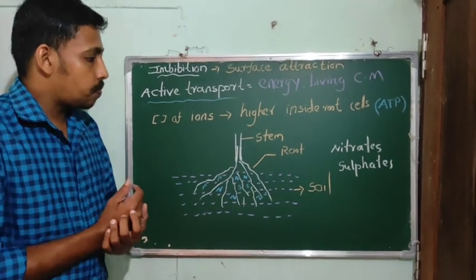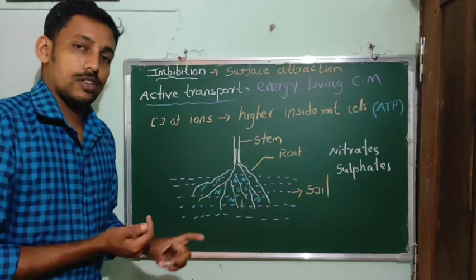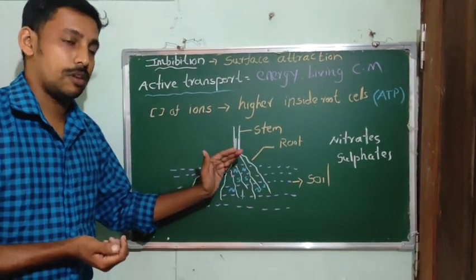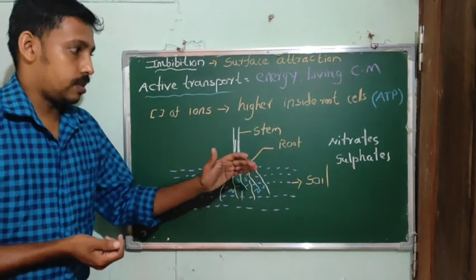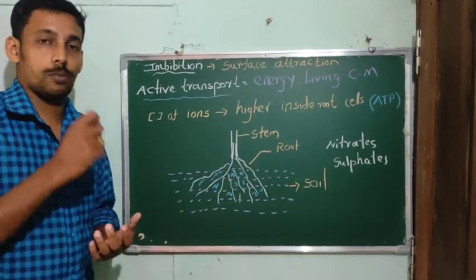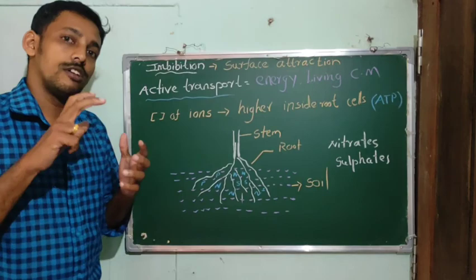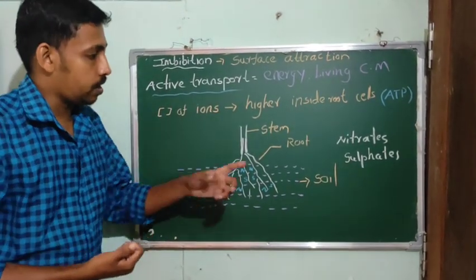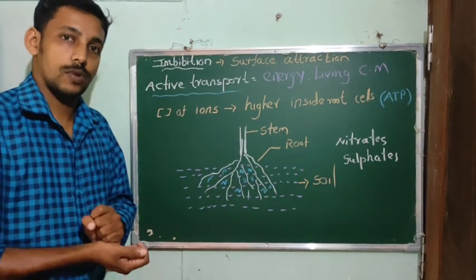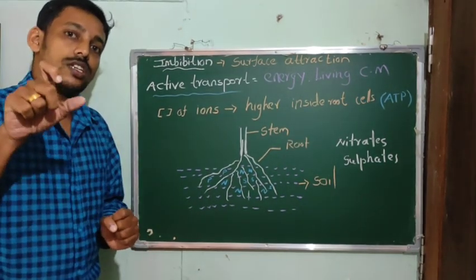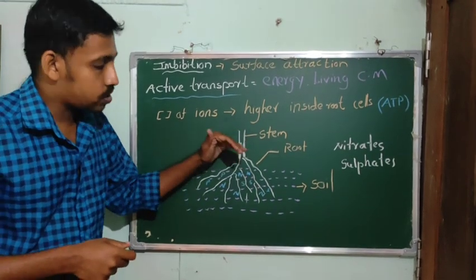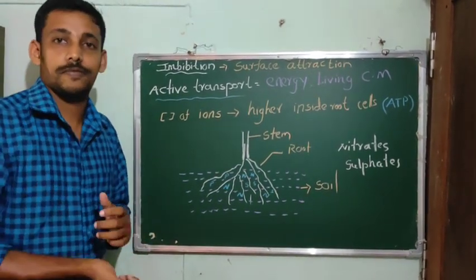So these have to be transported from the lower concentration to the higher concentration. The plants need these nitrates and sulfates. It's a basic requirement of plants, so they have to absorb them from the soil. In the soil their concentration is less, and in the root cells their concentration is higher.